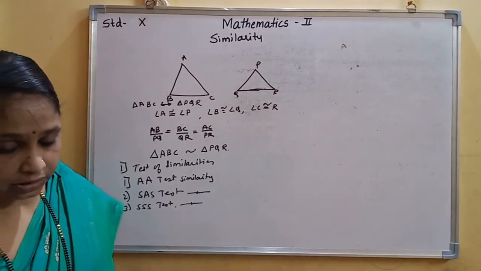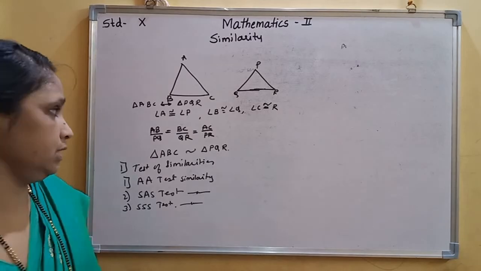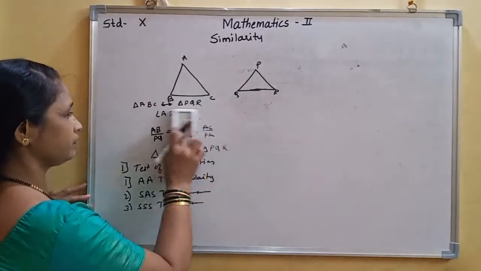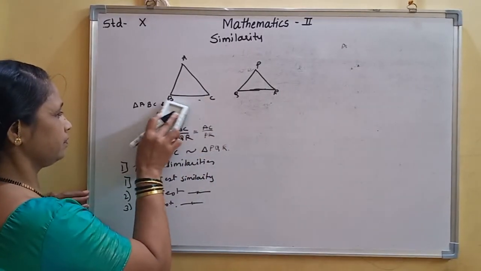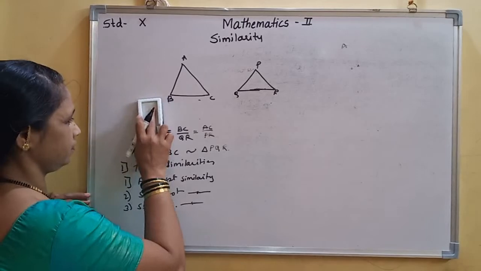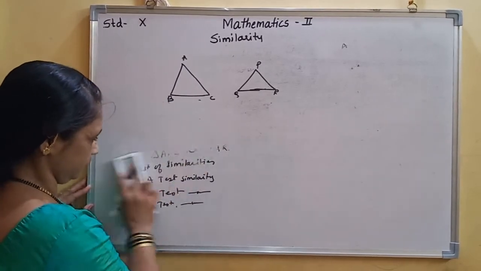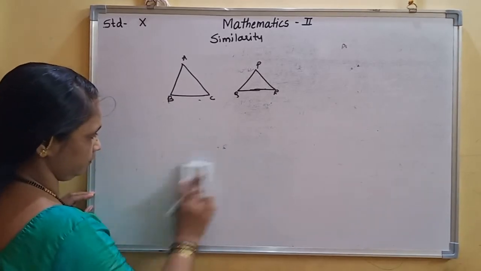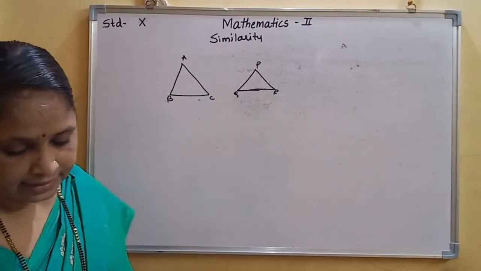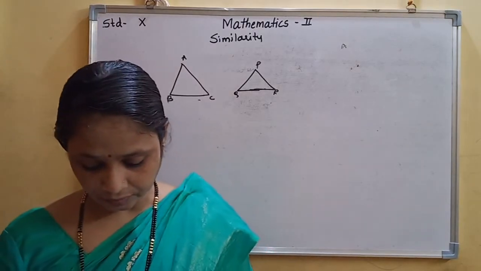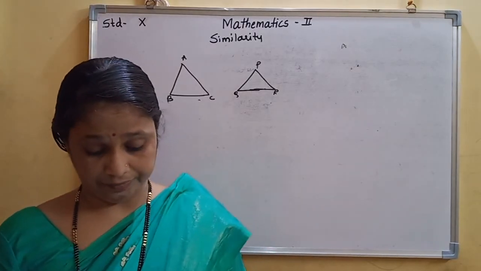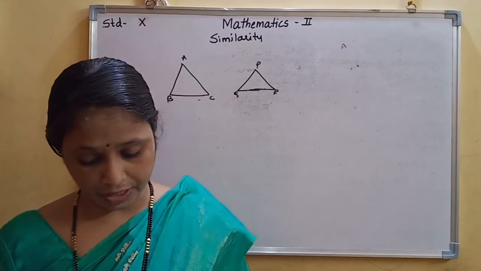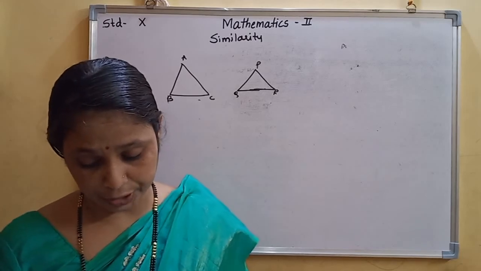Now we will see the first test of similarity, the AA test of similarity. In this we have to consider triangle ABC and triangle PQR.